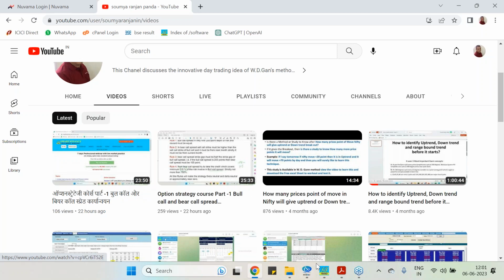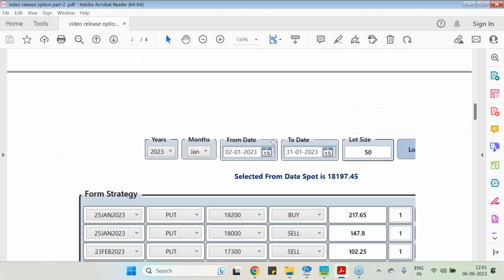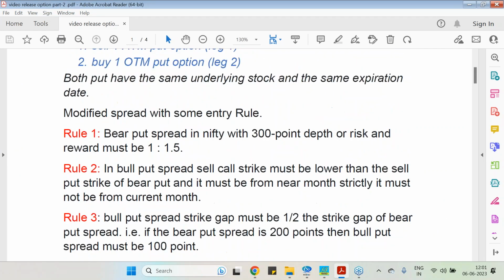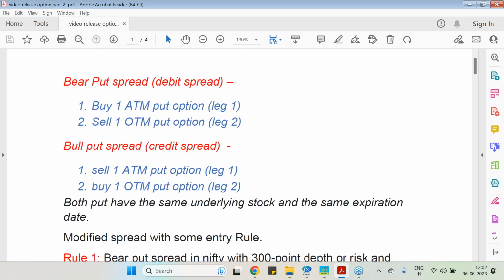So that was part 1. Today I am doing the part 2 video: bear put spread and bull put spread. Yesterday you learned about the call spread combinations. Today I will be taking the put spread combinations, how they should be implemented and how they should be profited from.